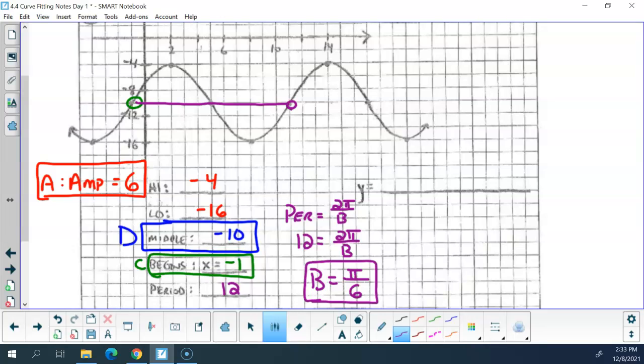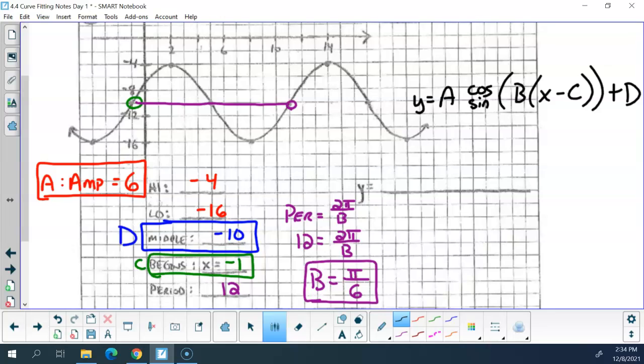Okay. So now we need it to be in y equals a cosine or sine times b times x minus c plus d form. Yes? Okay.